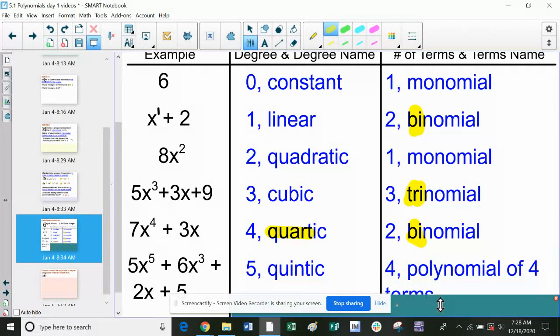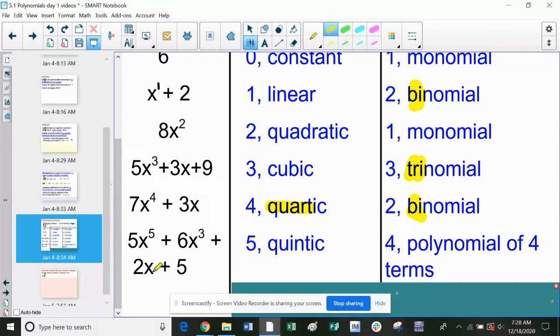Okay, last one I'm going to do with you guys here is, I think, this one. And it's got an exponent of 5. We call that a quintic. So again, get used to these prefixes. Quint, the only place I've seen that used before is quintuplets, when you have 5 children born at the same time. So a little harder to remember, quart and quint, the 4 and the 5.